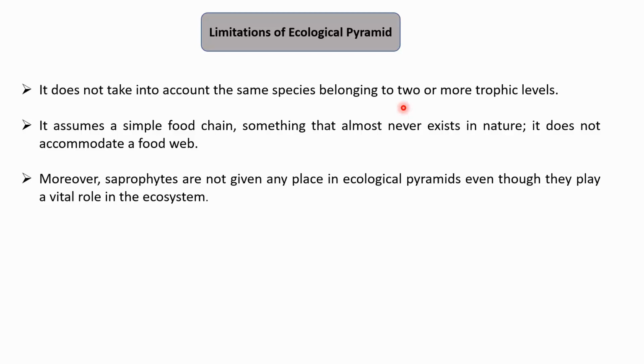These interconnections of different food chains are known as the food web. Ecological pyramids do not accommodate the food web, but assume only a simple food chain, which is actually not true, as a simple food chain almost never exists in nature.